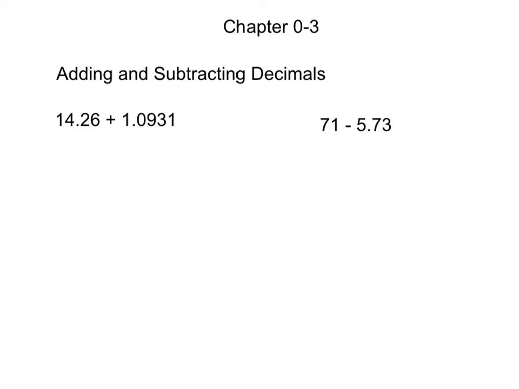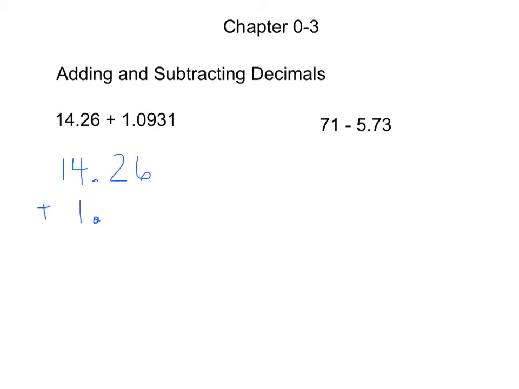So for example, if I'm going to do this first problem, 14.26 plus 1.0931, I need to rewrite it up and down and line up my decimal points. So I'm going to write 14.26 plus 1 point, and if you'll notice right here, I have lined up my decimal points, right?